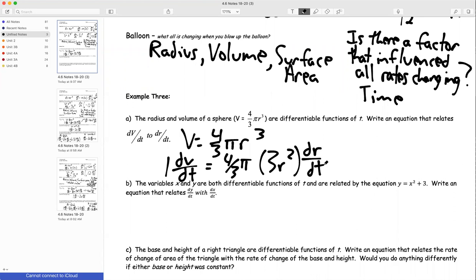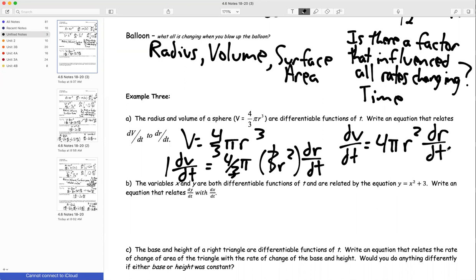Okay, so let me clean this up a little bit. My 3's are going to cancel here. And so I've got dV/dt equals 4 pi r squared dr/dt.